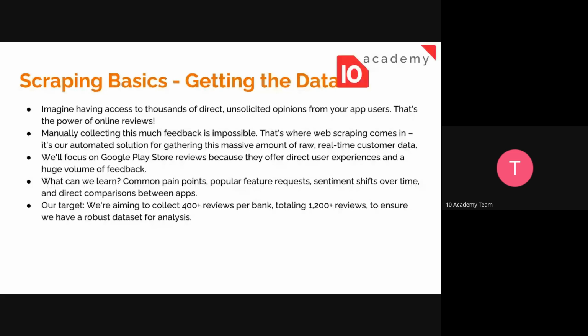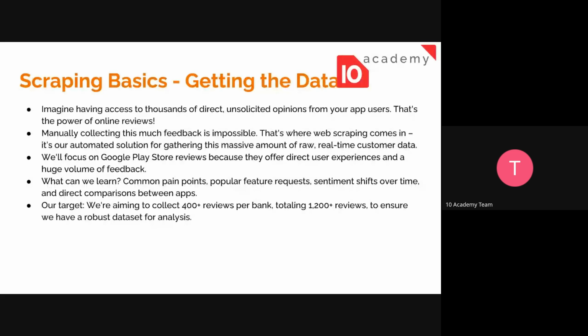For this week's project, we're aiming to collect 400 plus reviews per bank, totaling 1,200 plus reviews. You can go above, but the minimum is 400 per bank, to ensure we have a robust data set for analysis.